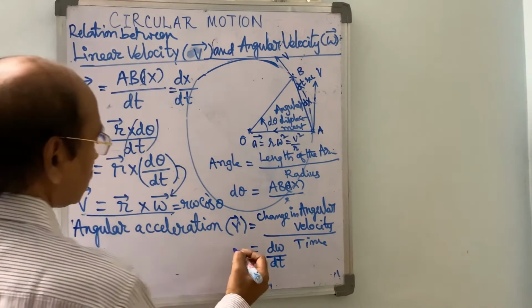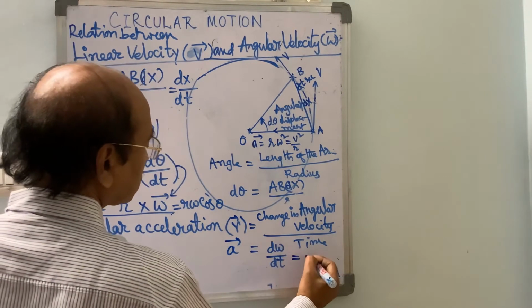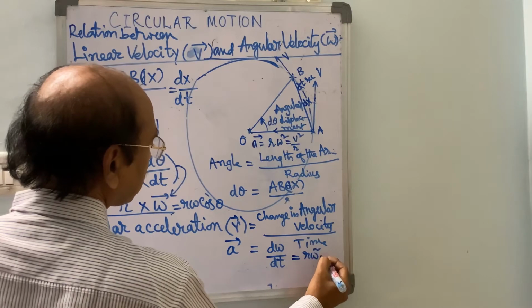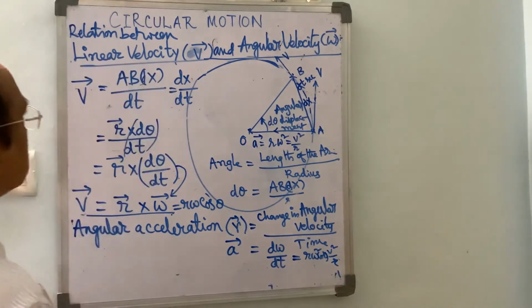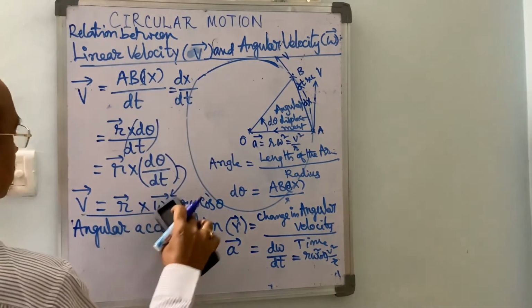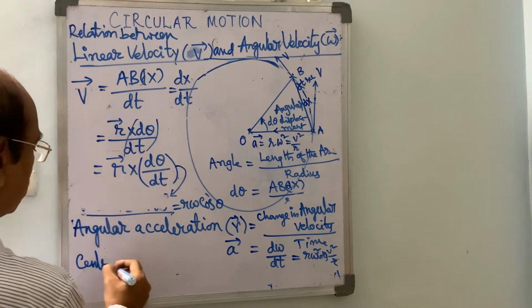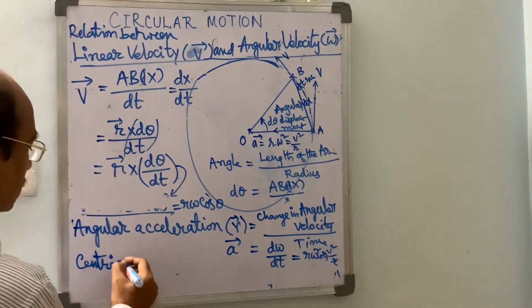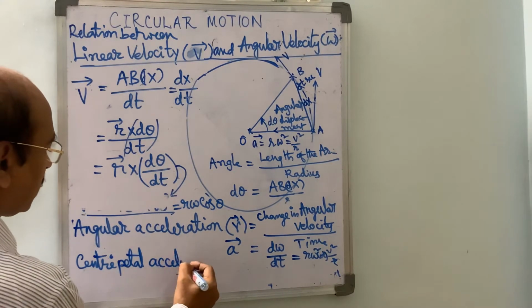But here it is equal to r omega square or v square by r. So this is known as centripetal acceleration.